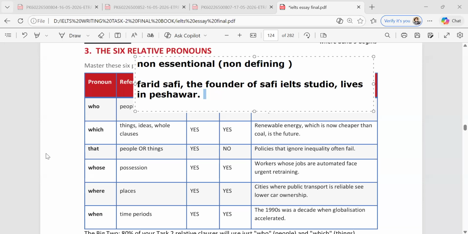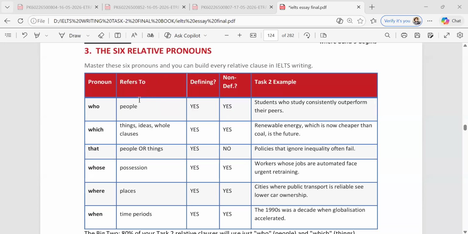Let me make it clear for you now. If you want to use who, the first one, who we can use for both defining and non-defining. Students who. Which we can use for both, defining and non-defining. Let's take an example here.